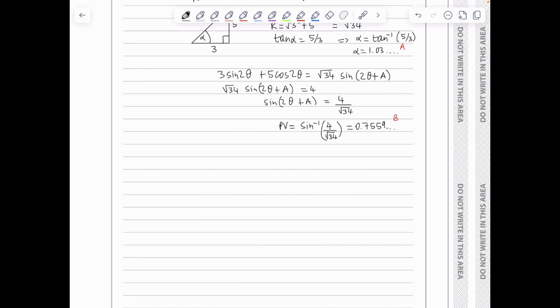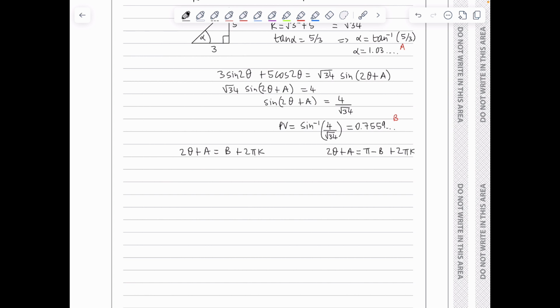And we know that when we are solving trigonometric equations involving sine, it's the PV plus 2 pi k or pi minus the PV plus 2 pi k. So we've got 2 theta plus A is equal to the PV of B plus 2 pi k, or 2 theta plus A is equal to pi minus the PV plus 2 pi k.